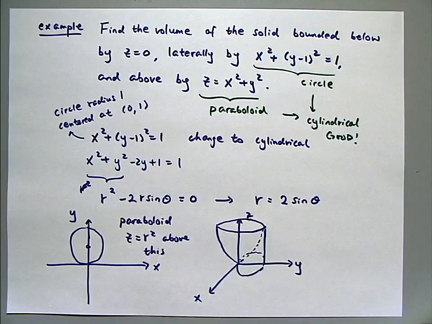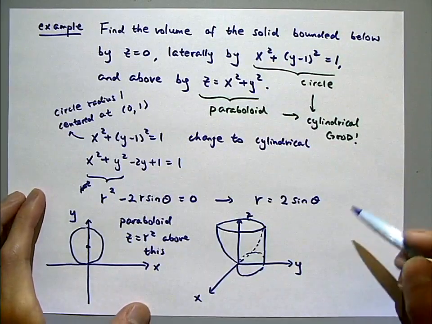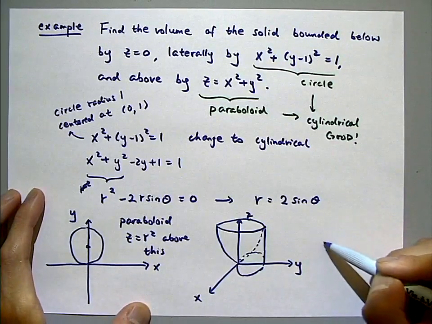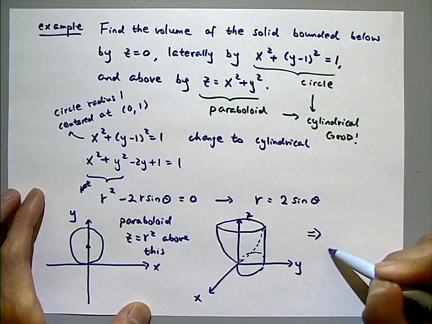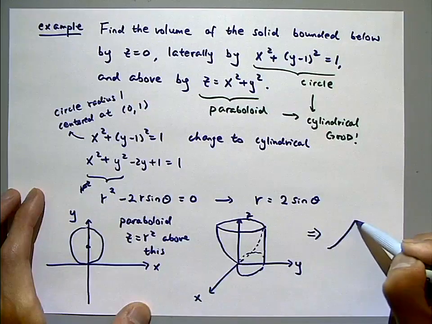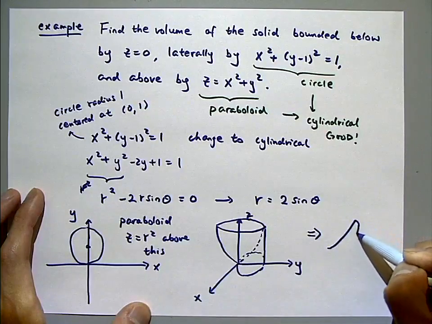We want everything that's inside this cylinder, but below that paraboloid. And what we end up wanting is this thing right here. I'm going to try to sketch this. Try being the key word.